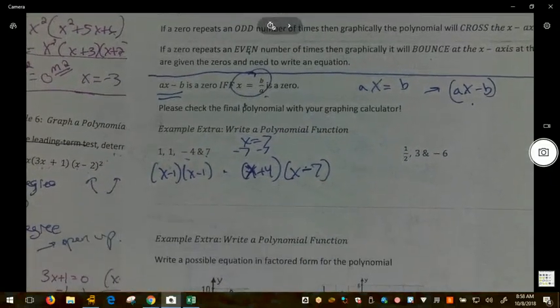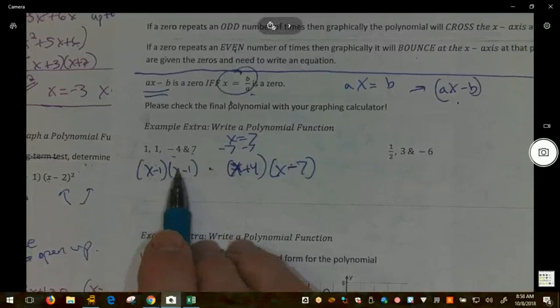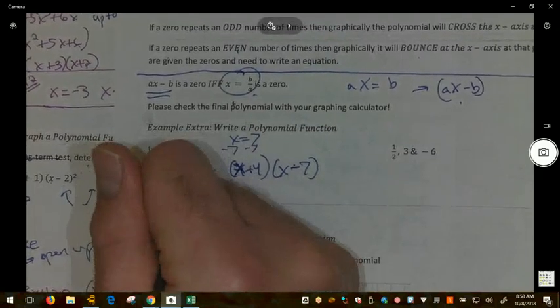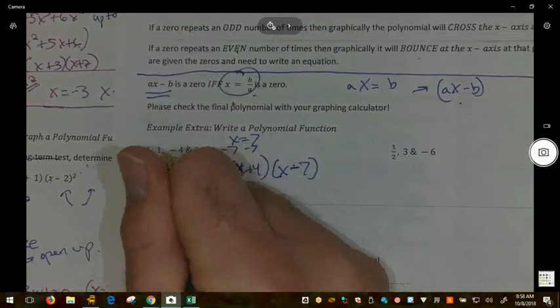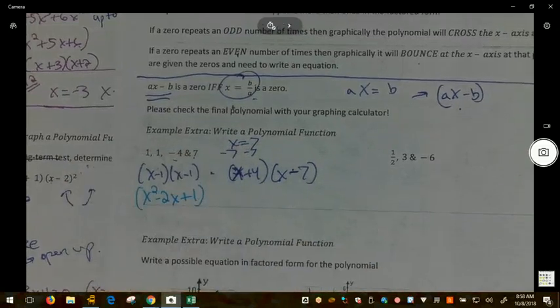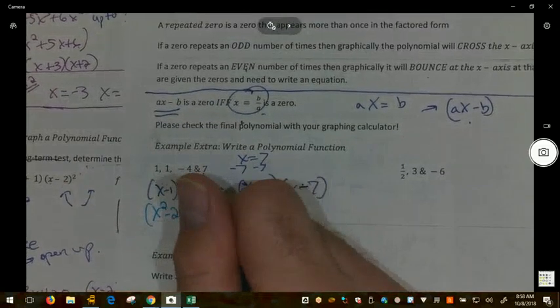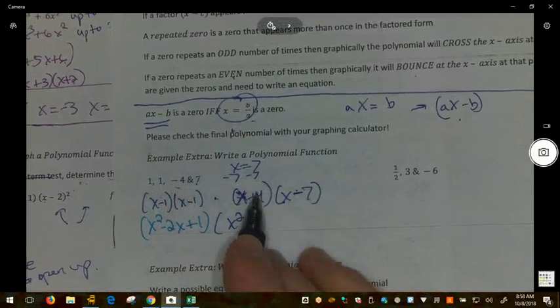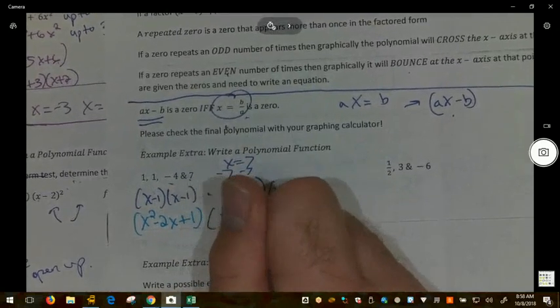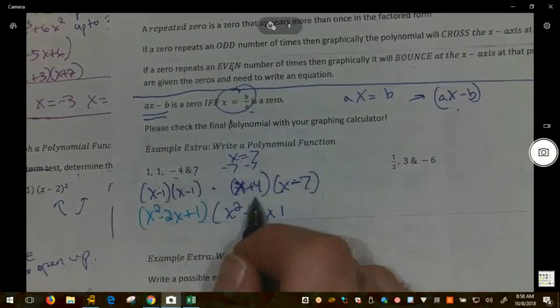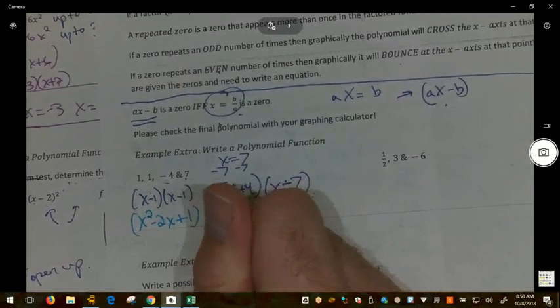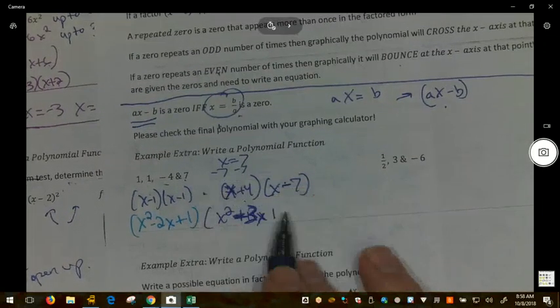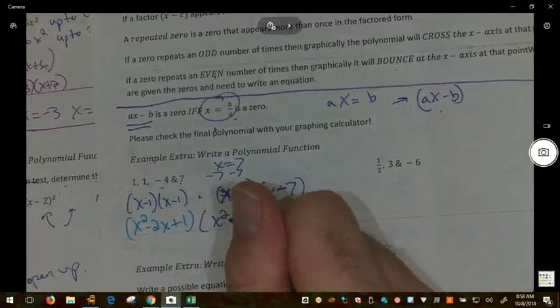I'm going to do 2 sets at a time and then distribute among those. So this is x squared minus x minus x, so it's x squared minus 2x plus 1. My next one is x squared plus 4 plus 7 is plus 11x. Oh no, plus 4 minus 7 is minus 3x. Let's get that right. 4 times negative 7 is negative 28.